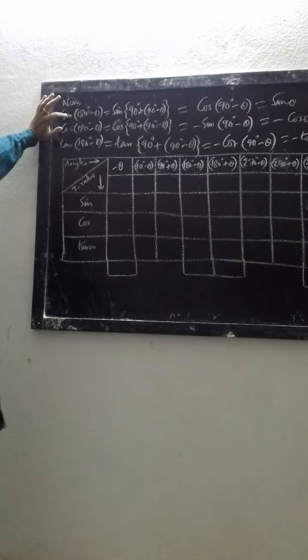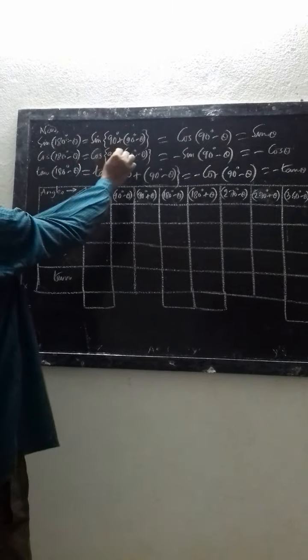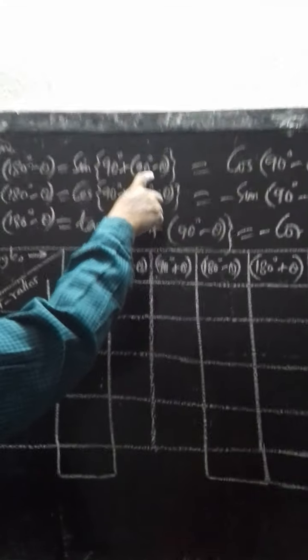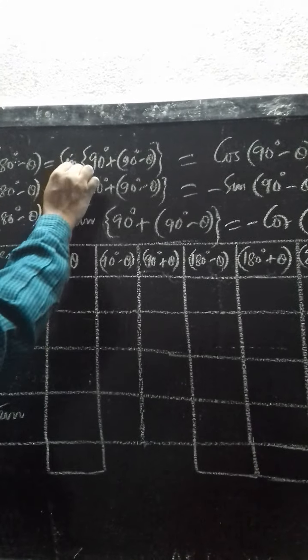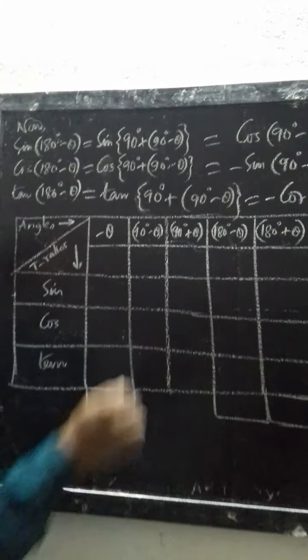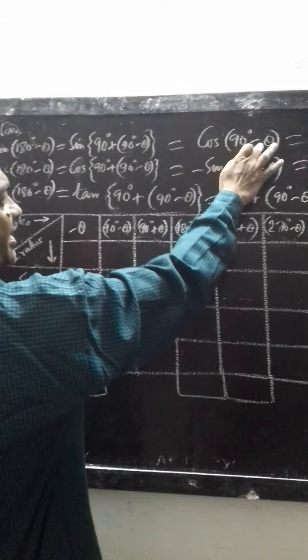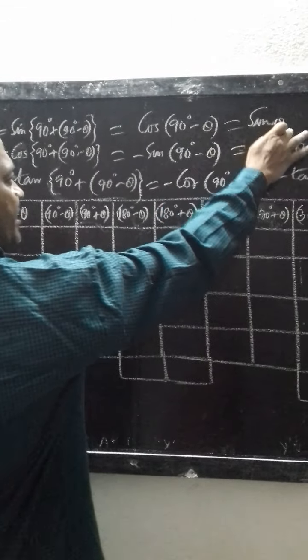Now sin 180 degree minus theta equal to sin of 90 degree plus 90 degree minus theta. Imagine 90 degree minus theta as theta. We know that sin 90 degree plus theta equal to cos theta. So here cos 90 degree minus theta equal to sin theta.